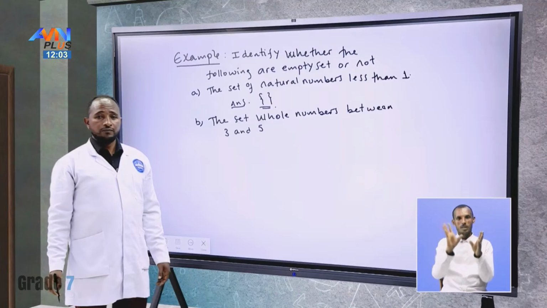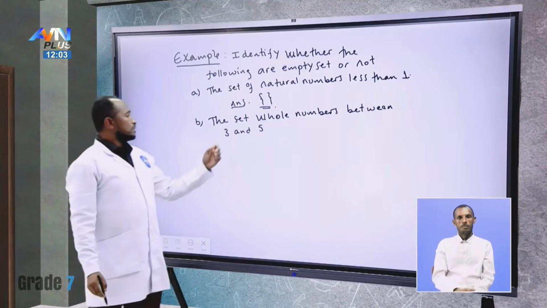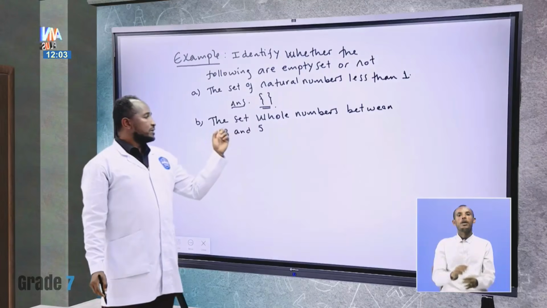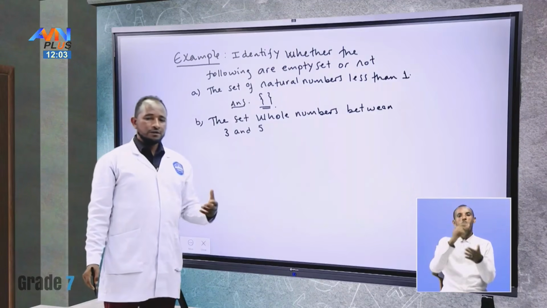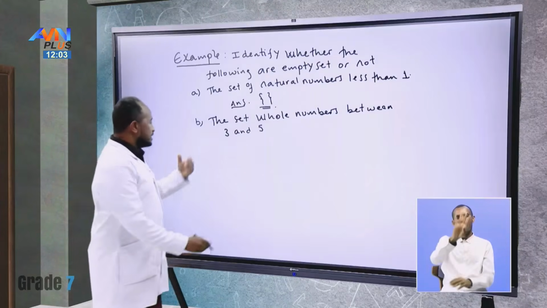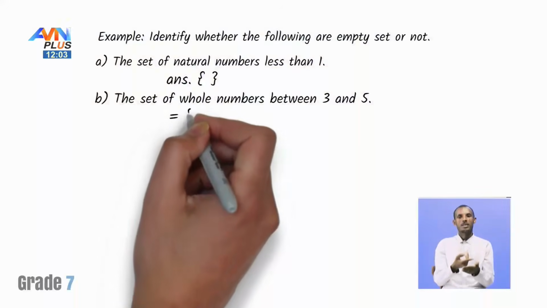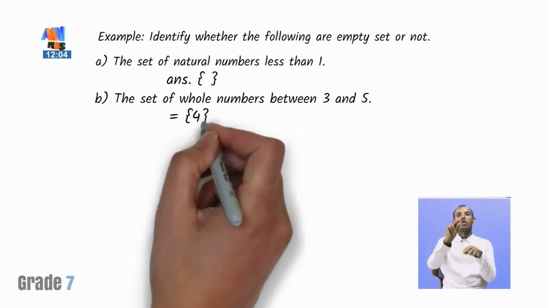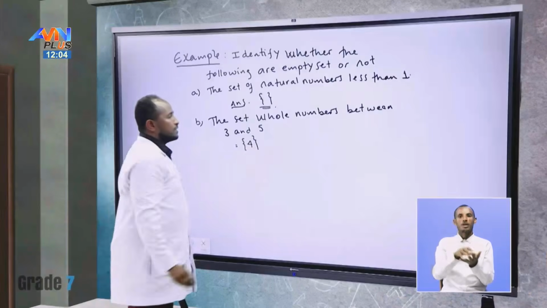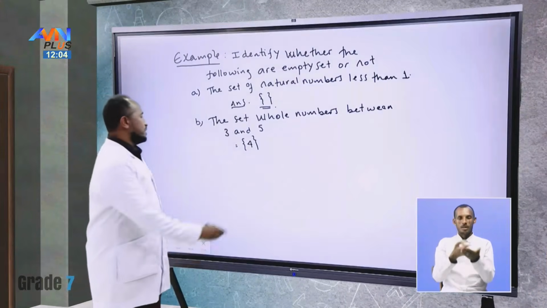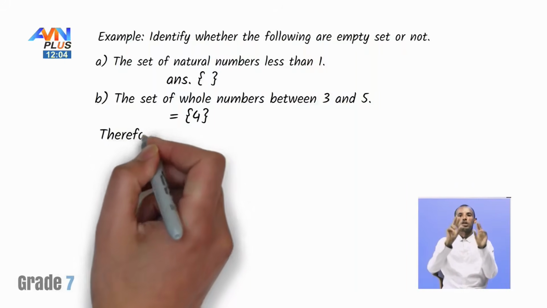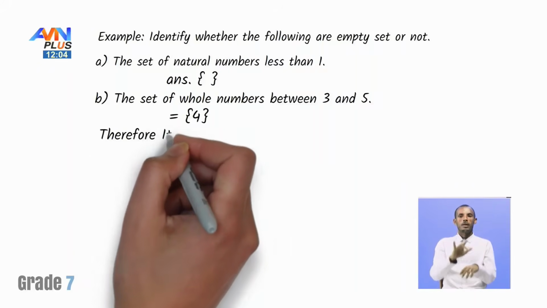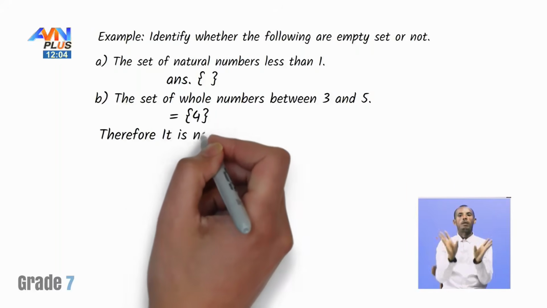Let's see it. Is there a whole number between 3 and 5? Yes, there is. What's that number? It's 4. Therefore, this set is not empty. It contains one element, 4. Therefore, it is not an empty set.